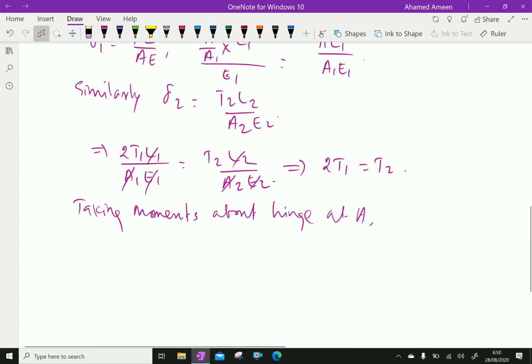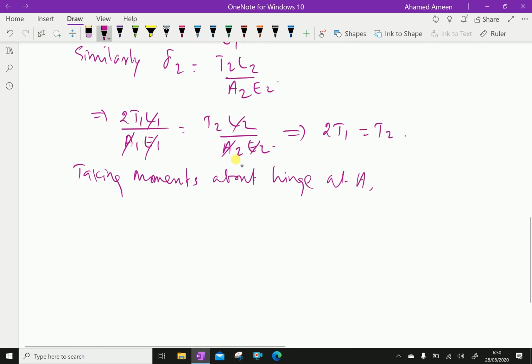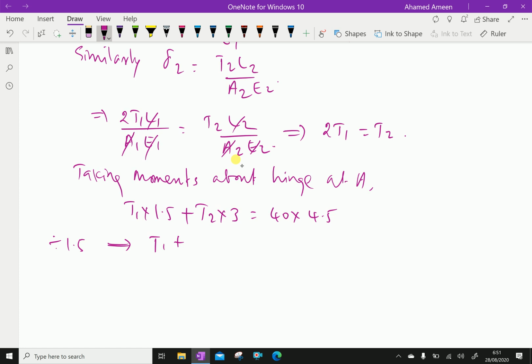Therefore, T1 into 1.5 plus T2 into 3, since 1.5 plus 1.5 is 3, is equal to 40 into 4.5. Dividing throughout by 1.5, we get T1 plus 2 T2 equal 3 into 40, which is 120.